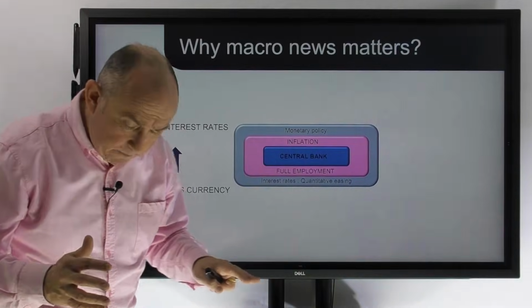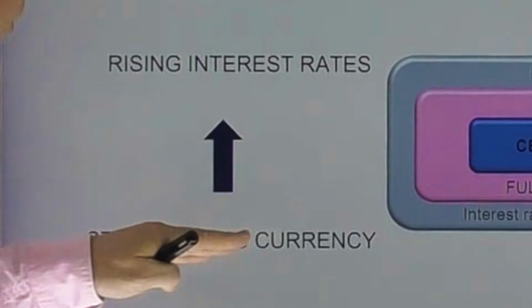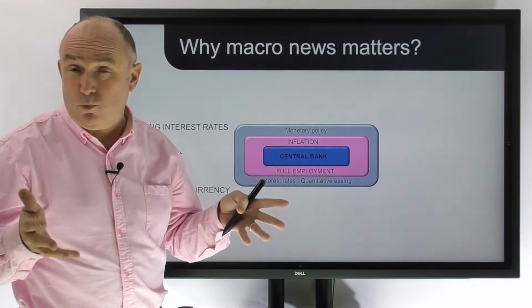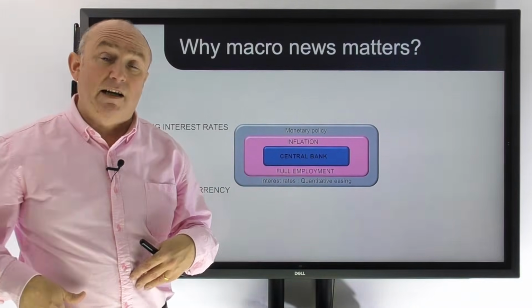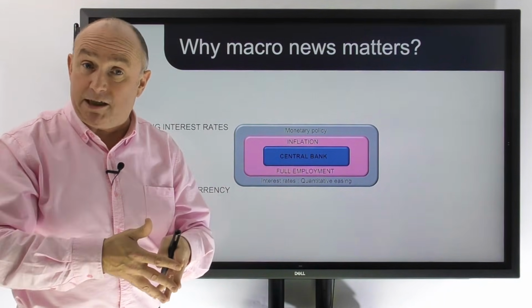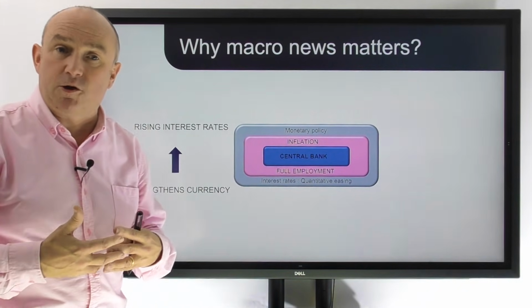Now, the theory is, as interest rates rise, so should the currency. So currencies will get stronger as interest rates are rising. Well, clearly, because if you want to take advantage of a high interest rate environment, you need to buy that particular currency to be able to invest in that particular economy to get those higher interest rates.